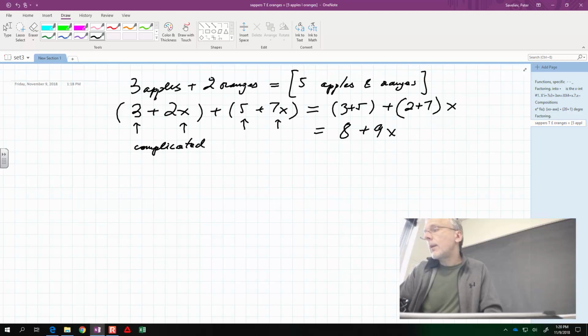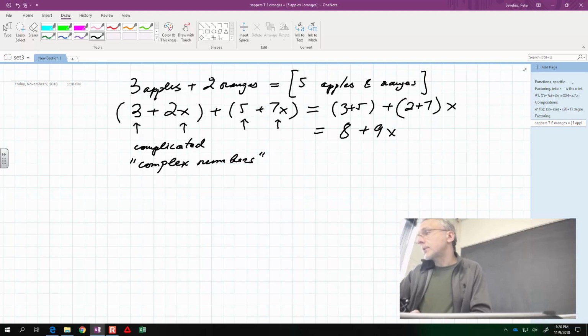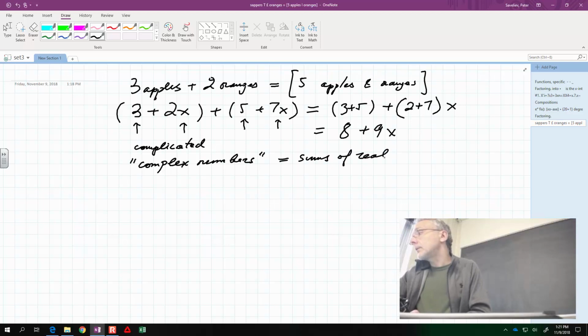They are complicated in the sense that they're possibly made of two objects, two numbers of different nature. The better word is complex. So these are complex numbers: numbers that are sums of real and imaginary numbers.